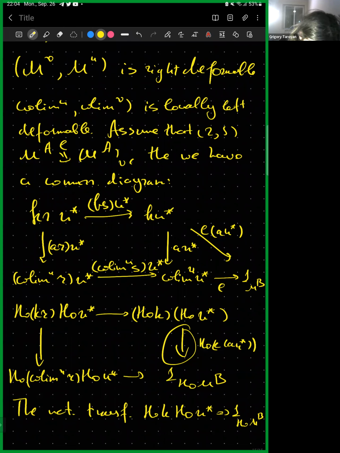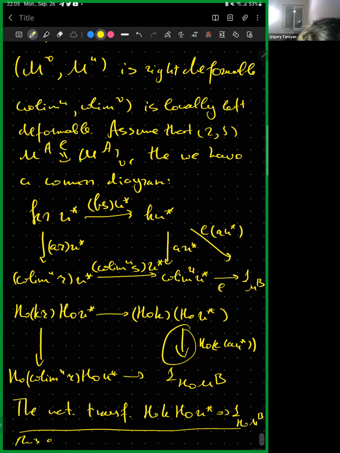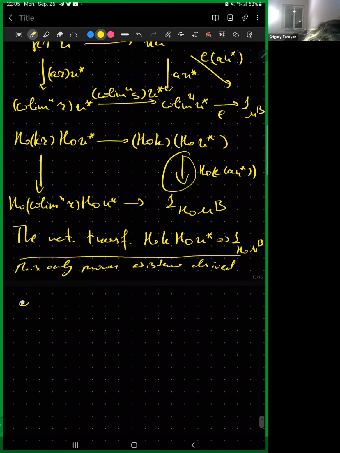So sorry. I'm terribly sorry. This thing here only proves existence of derived adjunction for homotopical limits.